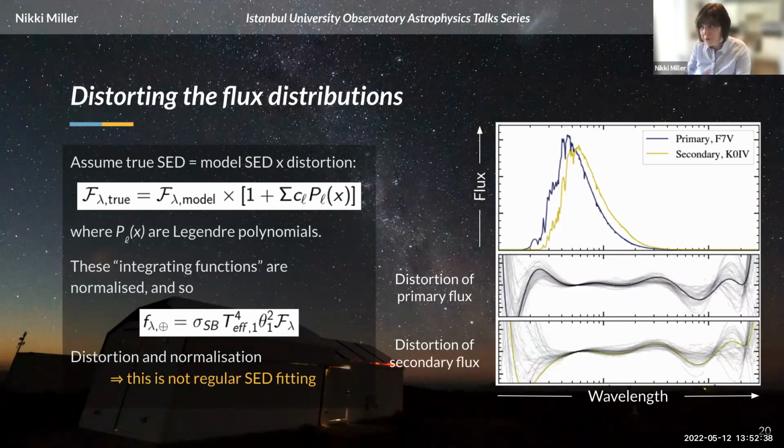So these integrating functions that we get at the end of the method are not simply fitting the best model to the data. We're actually changing the models. This removes some of the model dependence, and it's not the same as regular SED fitting. We've tried doing the SED fitting, and that's actually a huge underestimation of the errors. This little animation here shows what's going on as the fit takes place.